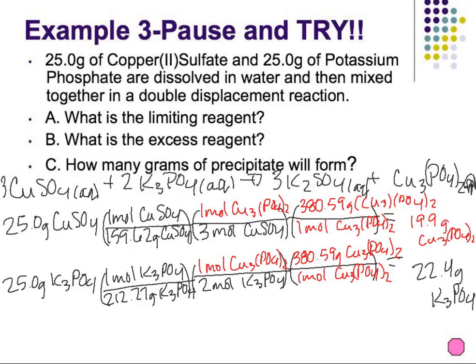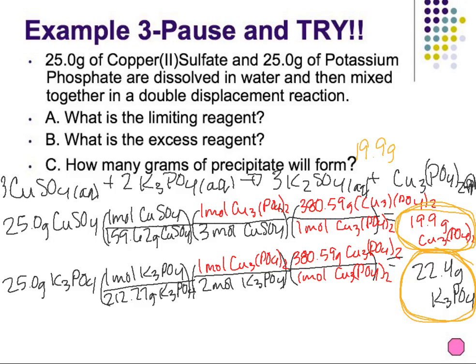Here we go. So here's our two choices. We could make 19.9 grams of copper 2 phosphate, or we could make 22.4 grams of copper 2 phosphate. Which one will it be? It will be 19.9 grams. Why?